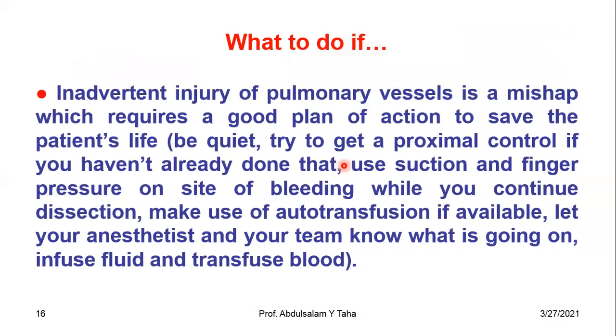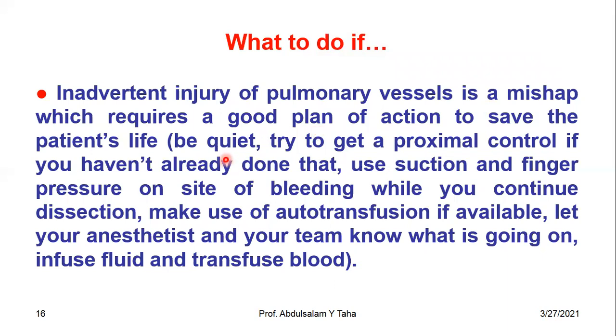Well, what to do if an inadvertent injury of pulmonary vessels happens? This is a rare but possible complication that happens during pulmonary resection. Inadvertent injury of pulmonary vessels is a mishap which requires a good plan of action to save the patient's life.